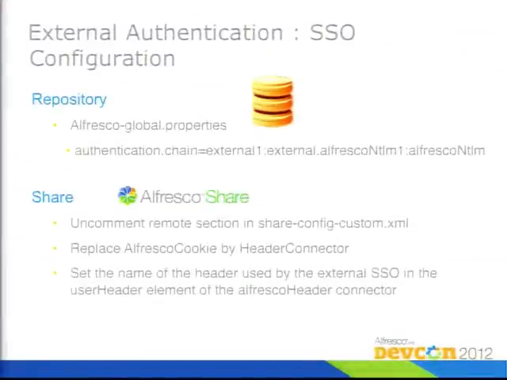So these are the steps now to configure your external authentication to get SSO working on Alfresco repository and Share. We have 2 steps. One, configuration on the repository side in alfresco-global.properties. Everything you need to do is to add the external one, which is an instance of the external subsystem.